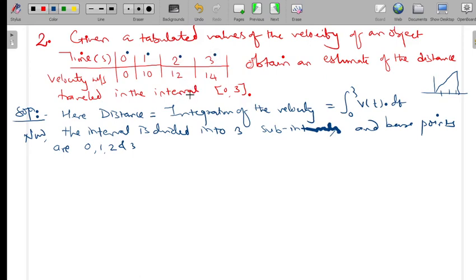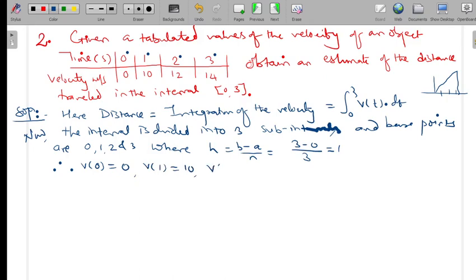These are base points. And h equals b minus a by n, that is 3 minus 0 by n, and how many subintervals are there? 1, 2, 3 subintervals. That's why it is 1. Therefore v0 equals 0, these are y values. V1 equals 10, v2 equals 12 and v3 equals 14.